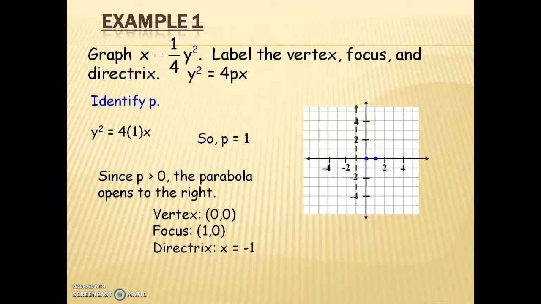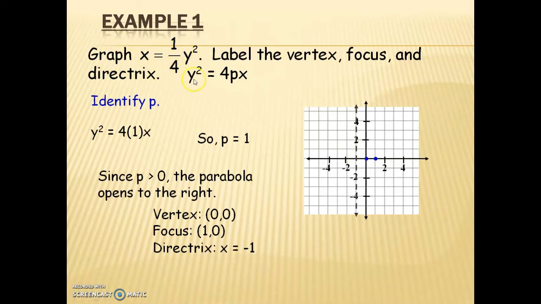And the directrix is located to the left of the vertex, and the line of the directrix is x equals -1, or negative p. What is our p? 1. So it becomes -1.